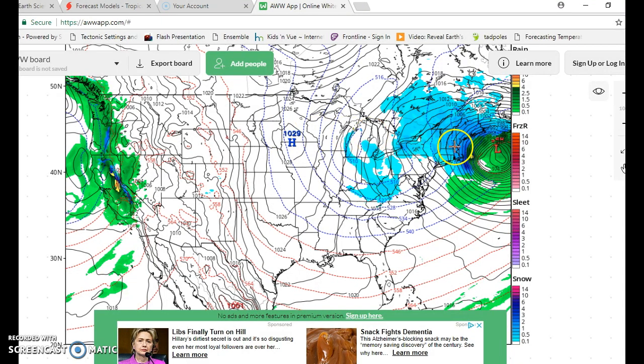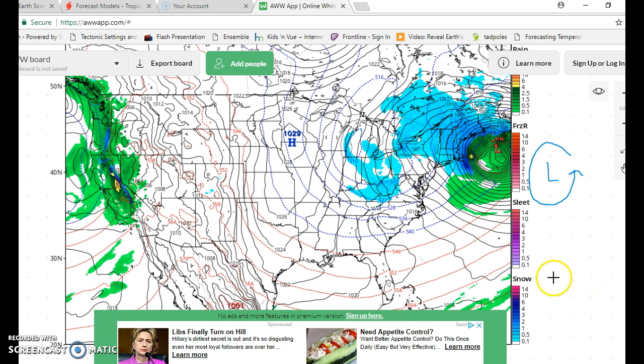Remember, in a low pressure system, the winds spin counterclockwise, so like this. I put my little arrow. That's a low pressure. For high pressure, the winds are going to spin clockwise.